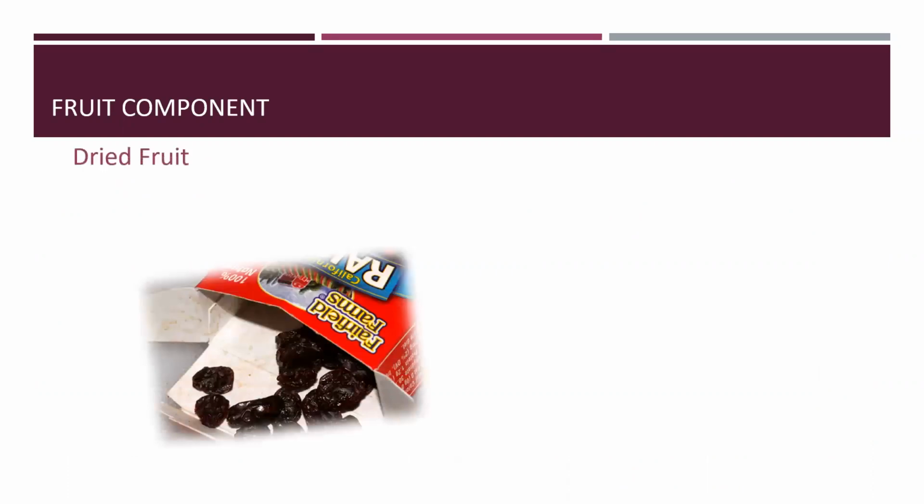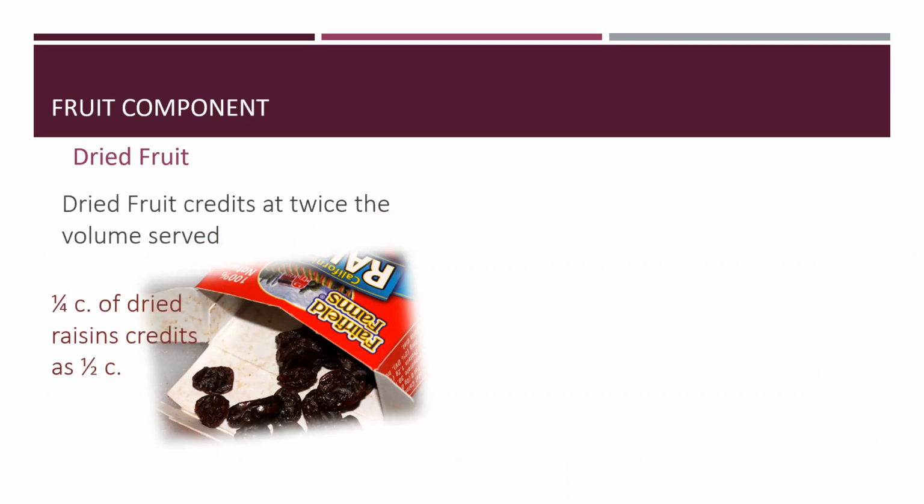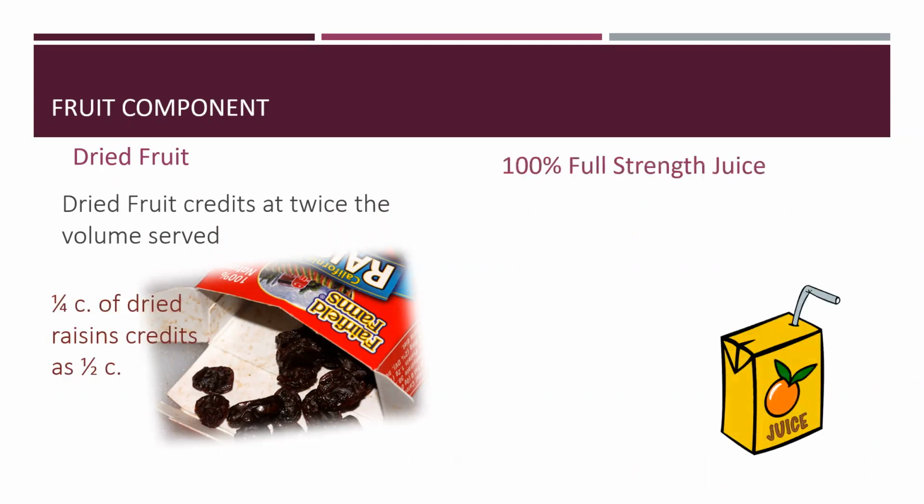A couple of things to remember when serving fruit. Dried fruit credits at twice the volume served. A 1/4 cup of dried raisins credits as a 1/2 cup of fruit. Juice may only be served at 1 meal or snack per day.